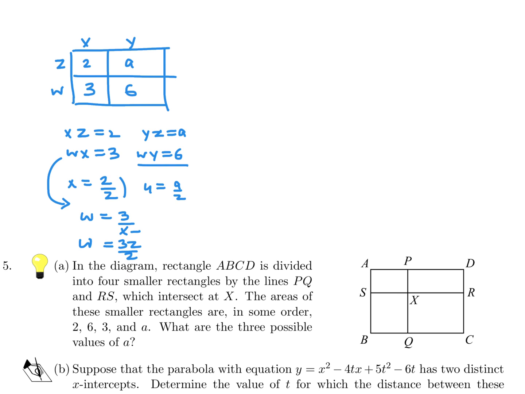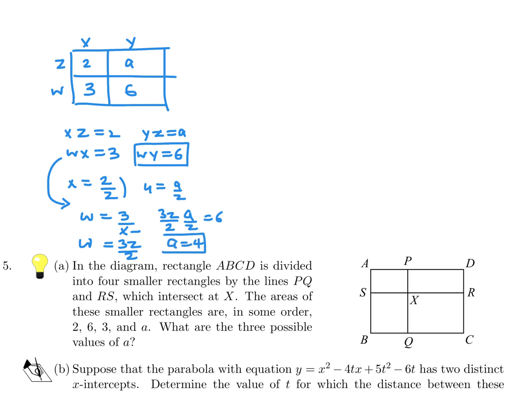Okay, so now I can use this to substitute. W is 3Z over 2, Y is A over Z, and that's 6. So the Z's cancel, and I get A would be equal to 4, I believe.